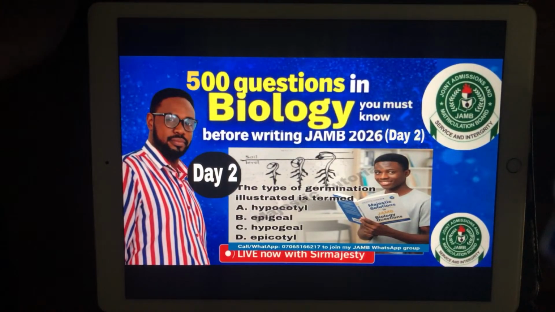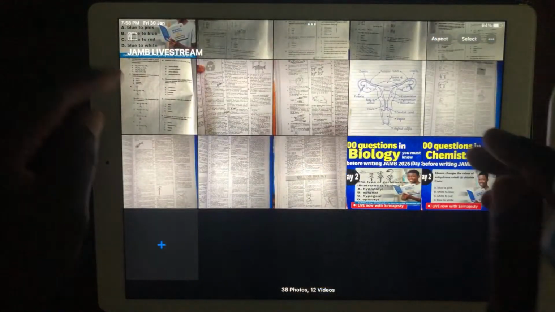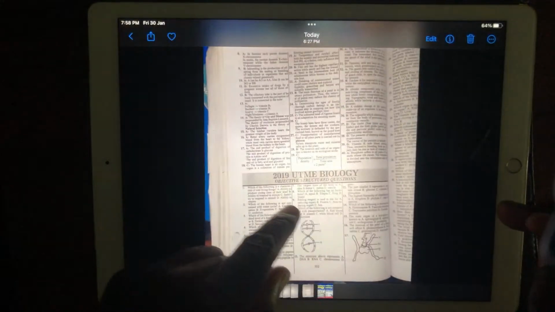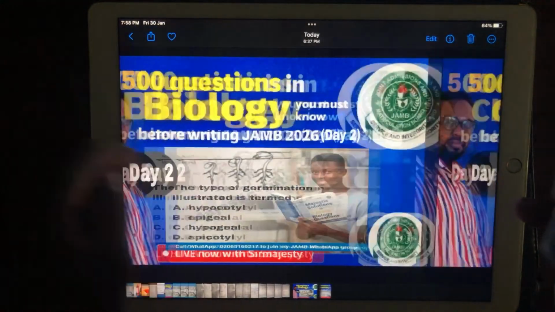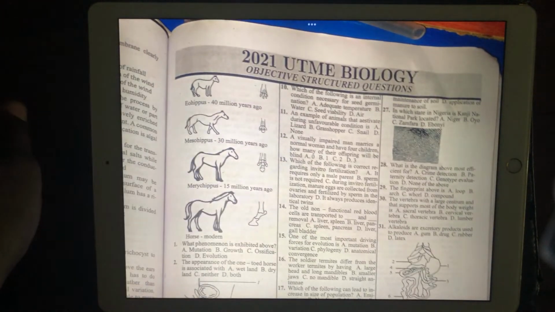Okay, I'm trying to connect back to the other channel. So those that are live, these are the questions that we'll be using. I saw this 2021 paper, and I liked the questions, they were nice.